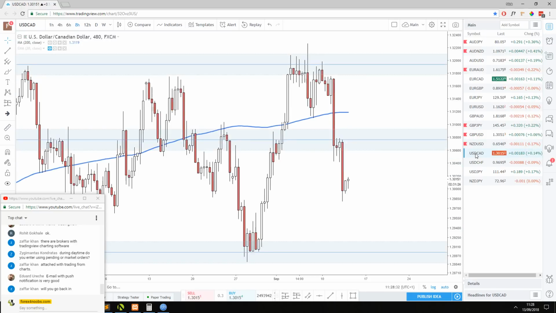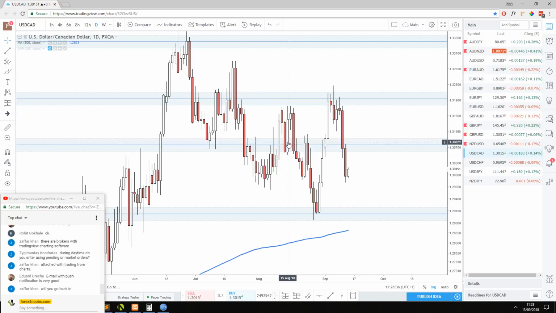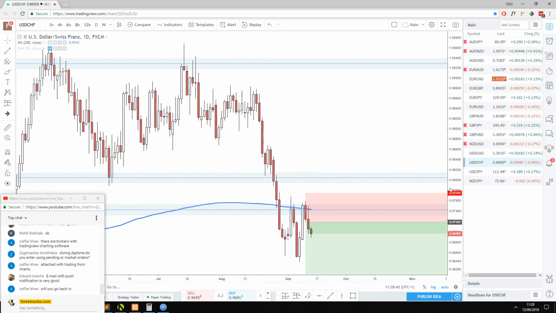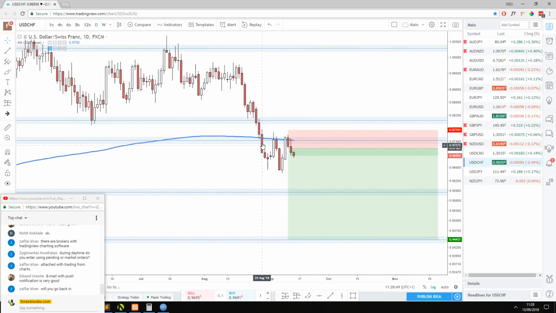Right. USDCAD. USDCAD just pushing down. I mean, there's not much of an actual trade setup here right now. USDCHF. We discussed this one yesterday, did we not?